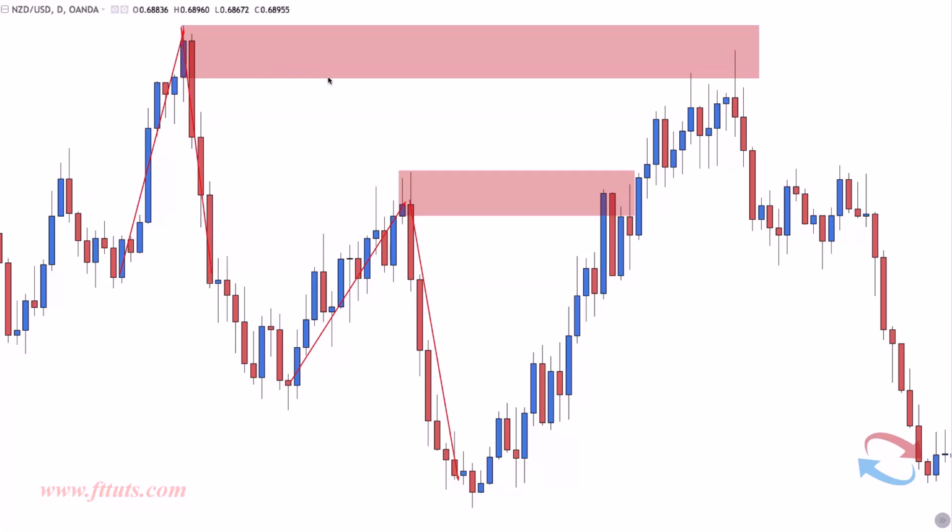That for me is an A grade level. A level with a build up and a drop, although yes, it is a level of supply, is not necessarily one of my favorites.